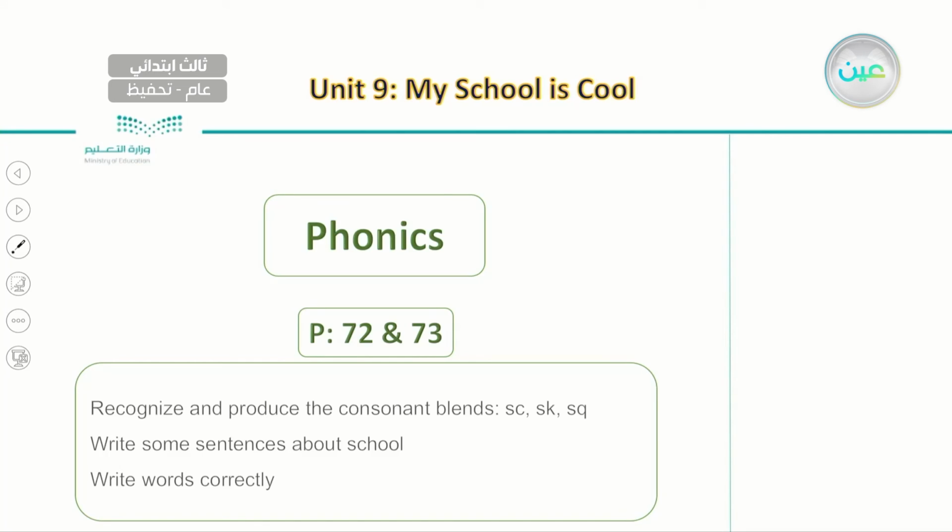And after this, with phonics, on pages 72 and 73, our goals in this lesson were to recognize and produce the consonant blends SC, SK, and SQ, and also to write some sentences about school and to write words correctly.